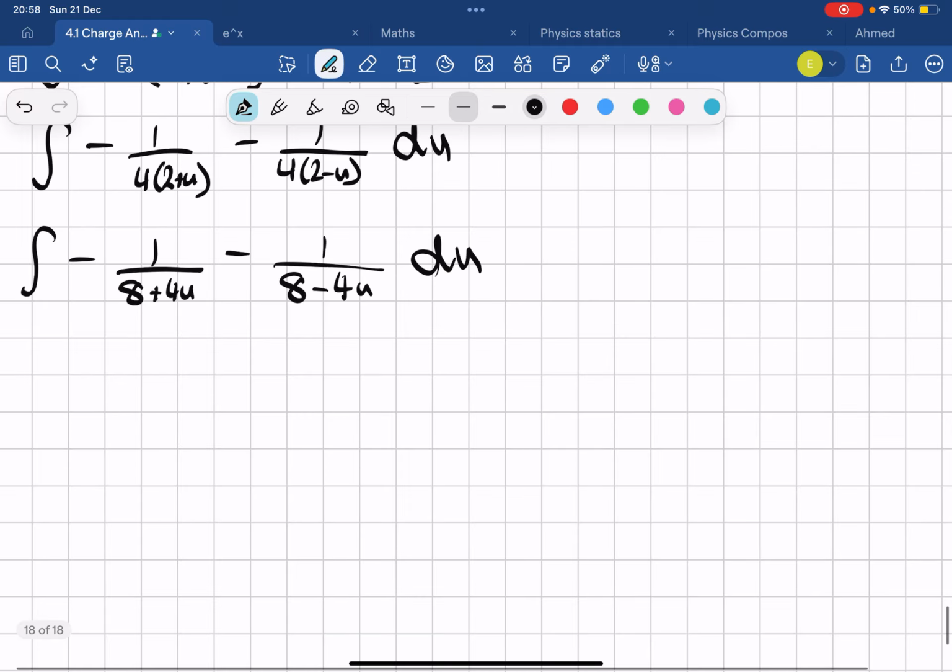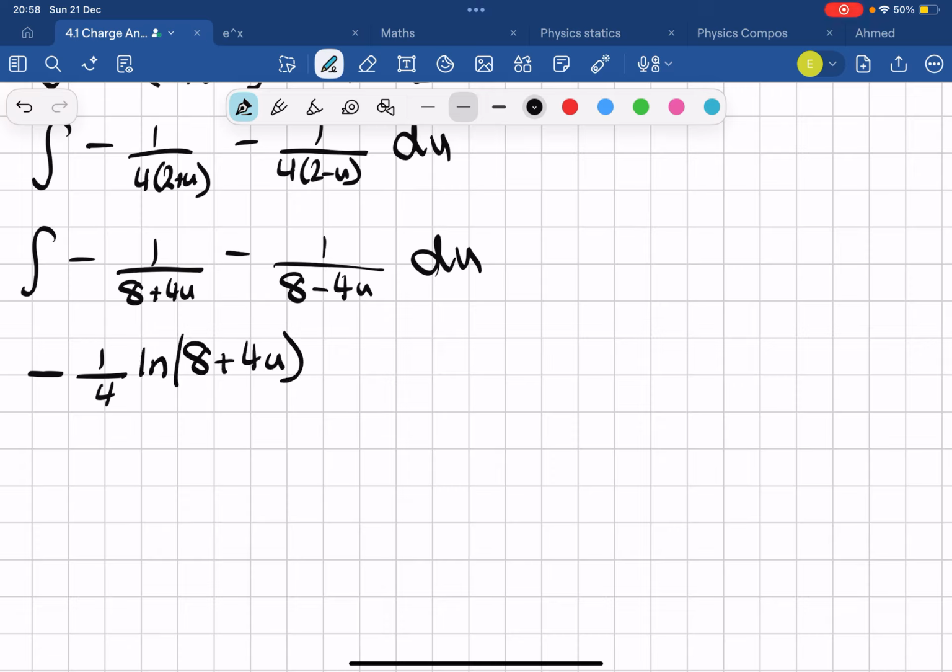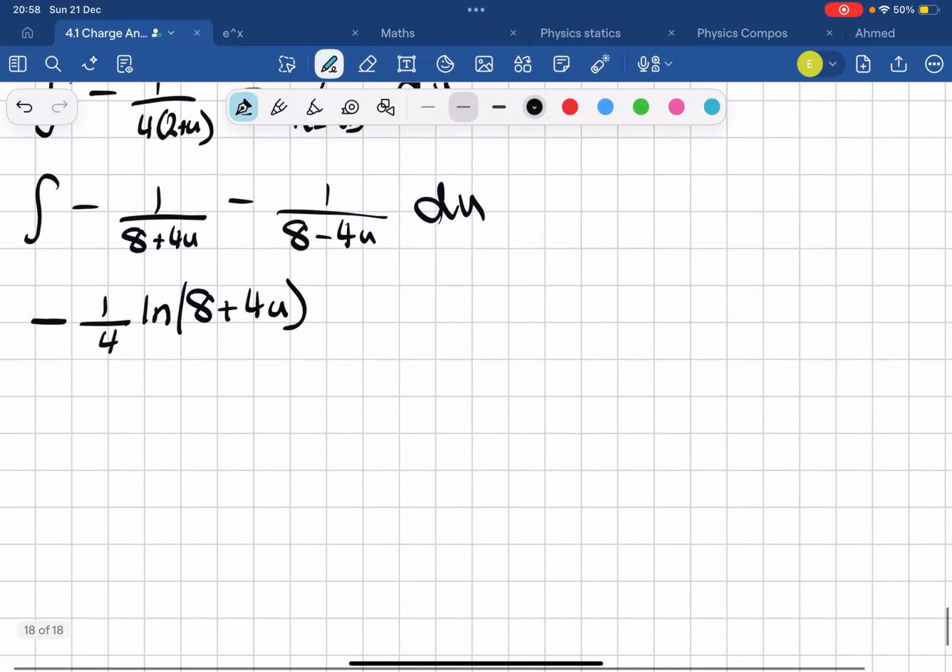Right, now let's integrate each part. So here we've got minus a quarter ln of 8 plus 4u. Is this correct? Quickly differentiate. On the inside we've got 8 plus 4u, which differentiates to 4, multiplied by minus a quarter, then differentiate ln of 8 plus 4u.